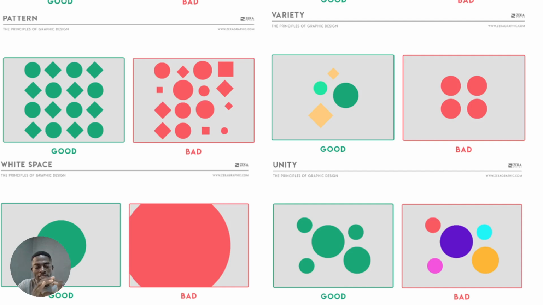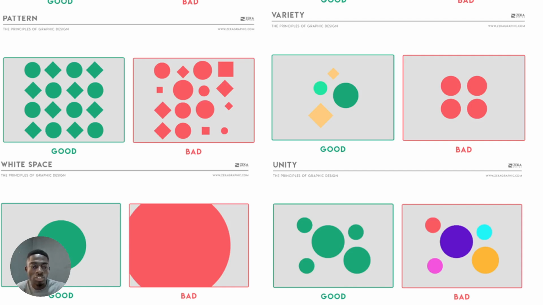You can just take text, then focus on the variety of the text by blending bold, italic, thick fonts, and slim fonts together, just to create variety within just the text. And then you can look at the background. Do you want to use repetition? Do you want to use a pattern? So that's how you go about that.